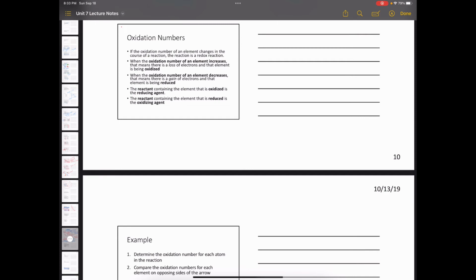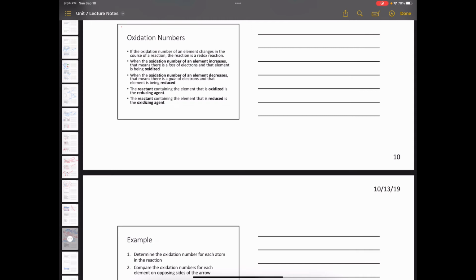So first, if the oxidation number of an element changes through the course of a reaction, that means it's a redox reaction. So if you look at a chemical equation and you calculate the oxidation numbers, as we will do in a second, for all these elements, and then you find out that some of the oxidation numbers are actually changing between the reactants and the products, then that's a sign it's a redox reaction.